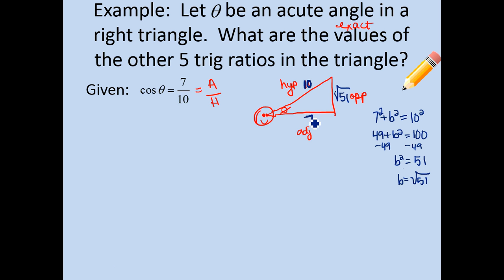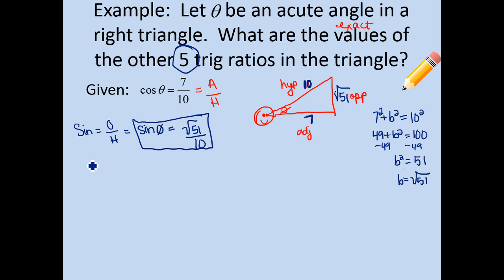So now that I have my 3 numbers, opposite, adjacent, and hypotenuse, I can find the other 5 trig functions. So we know sine is opposite over hypotenuse, which would mean that sine of theta would equal opposite, which is the square root of 51, over hypotenuse, which would be 10. Okay, there's 1.